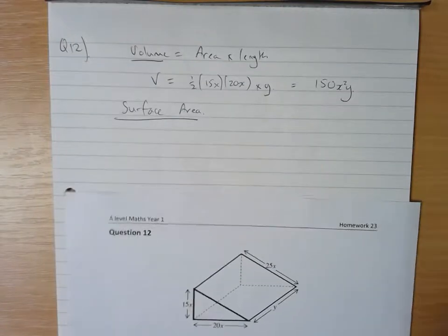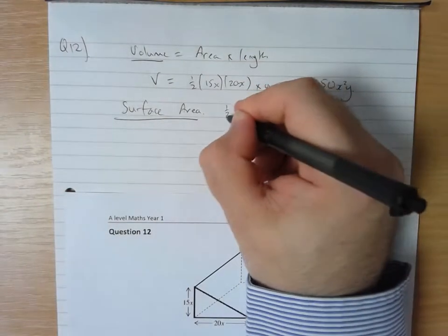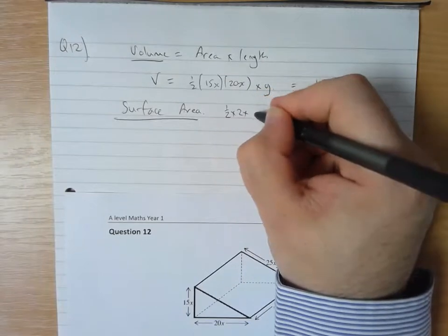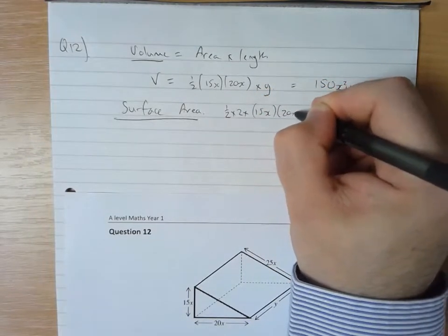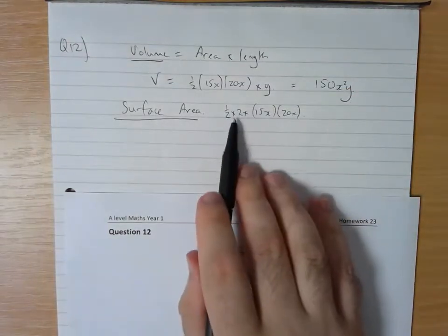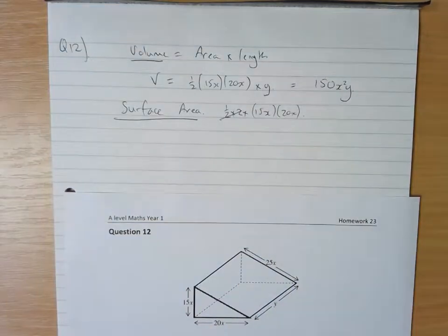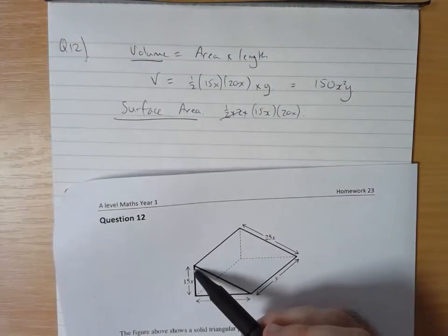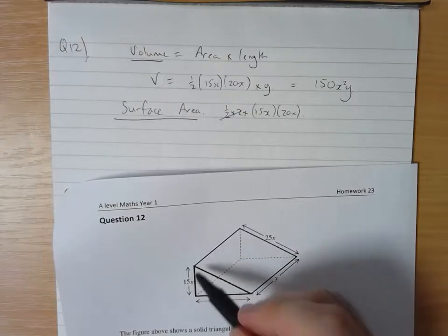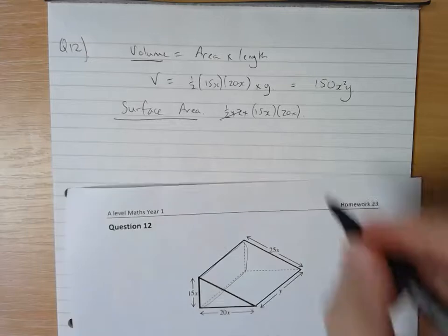So our surface area is, well, we've got two triangles, one on each end. So it's 1/2 times 2 times 15x height times 20x base. So we've got 1/2, and there's two of them, so these two bits cancel out. We've also got this face here at the back, which is 15x times y.